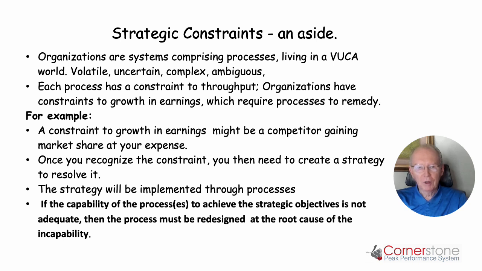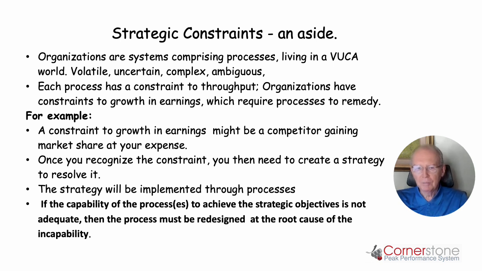So let me give you an example. A constraint to growth in earnings might be a competitor gaining market share at your expense. So once you recognize this, the challenge then is to talk about what's our strategy going to be to resolve this. And once you have a strategy, the strategy has to be implemented through processes in the organization.